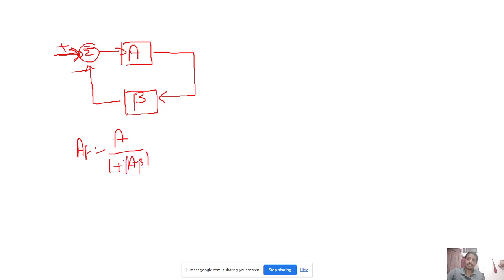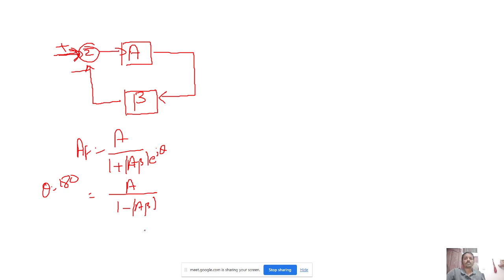Sir also mentioned, right? Whenever e power j theta, when theta is 180 degrees, it is A by 1 minus A beta.